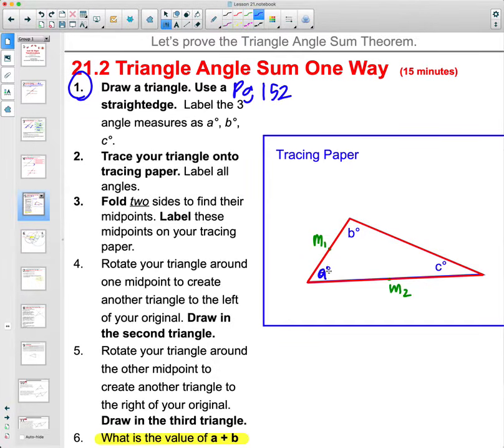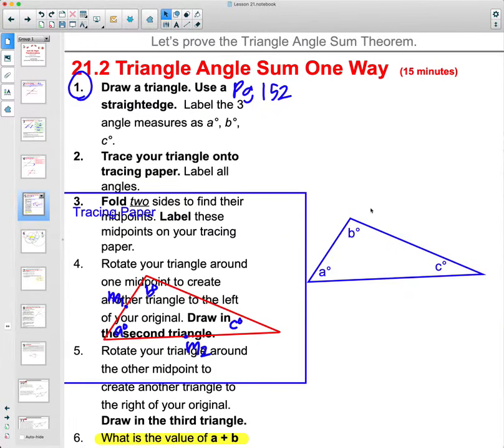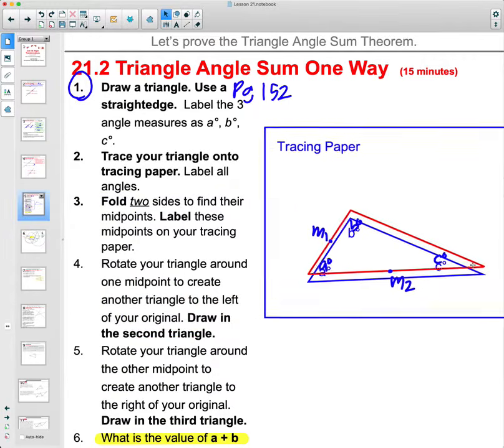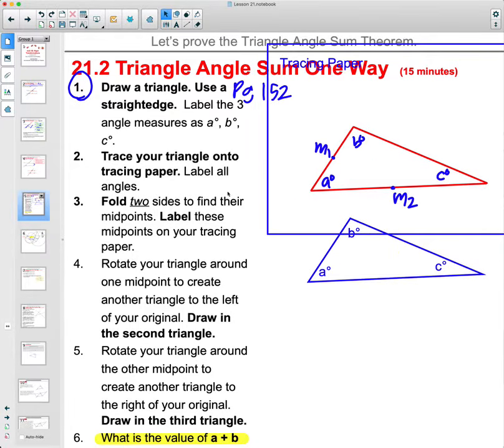Having A, B, and C labeled on your tracing paper, and you should have your midpoints. So you have your original triangle drawn in your book, and then you've got the tracing paper that has the labels of the angles and your two midpoints drawn on it.